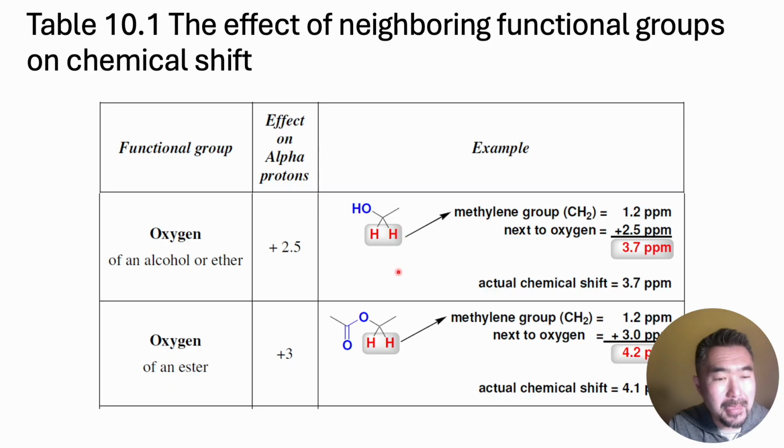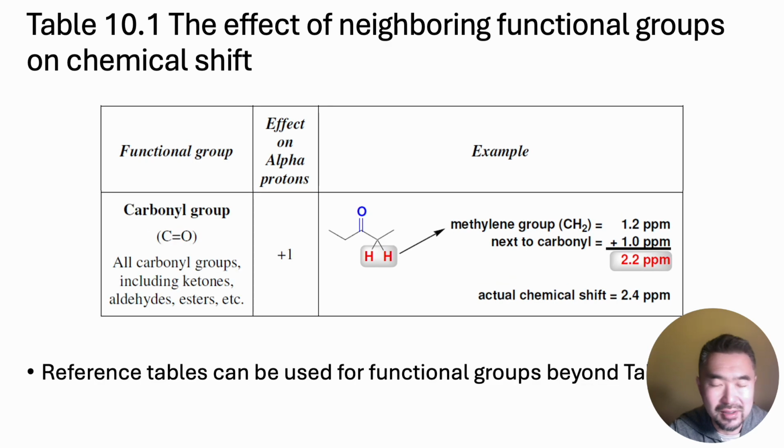Likewise, when these methylene are on an ester oxygen instead of an alcohol, it's about a 3 ppm shift. Now, if you're worried you need to know these numbers, you don't necessarily need to, for reasons we'll talk about later, but it's helpful if you know these couple of examples off the top of your head. You could do some interpretation much faster.